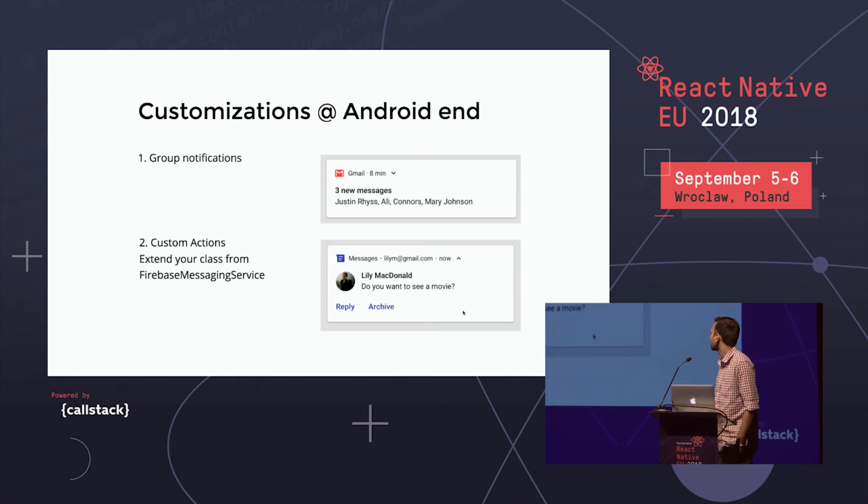Or you could create custom actions, so you could have buttons right in your notification itself. So definitely, there are a lot of use cases where you would want to customize the notifications in your Android app. And you could easily do that by extending your Firebase messaging service and implementing your own logic for notifications.